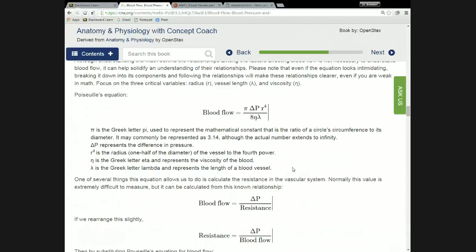The thing that looks like an N with a little longer tail is Greek letter eta, which represents the viscosity of blood, how thick it is versus how watery it is. That's important because as blood gets thicker, if the water component of the plasma decreases, then blood flow will be harder, just like trying to push maple syrup out of, okay, this is going to sound really strange.